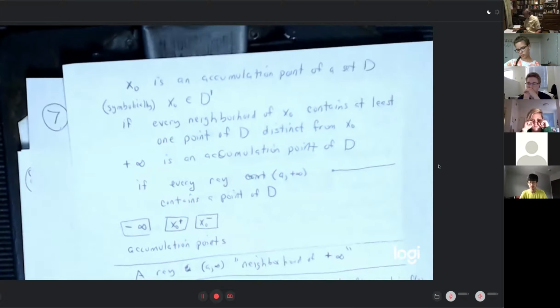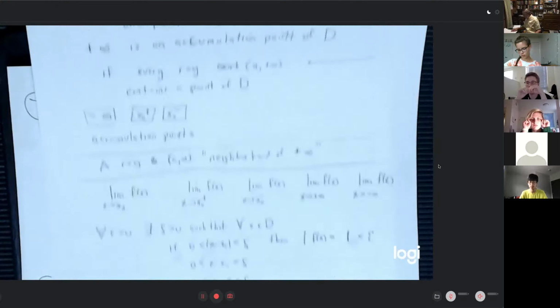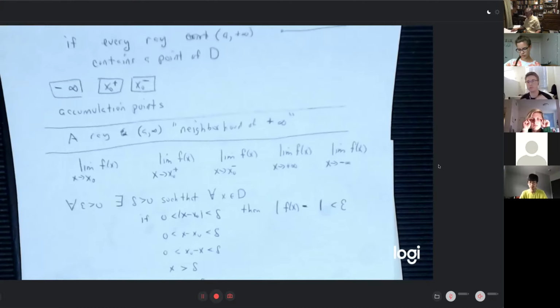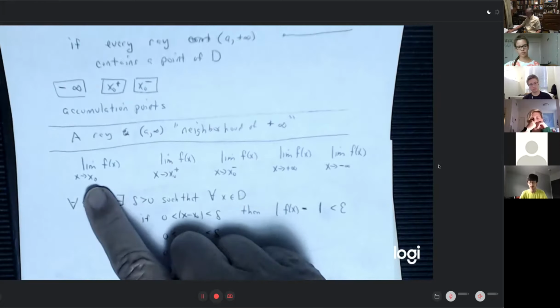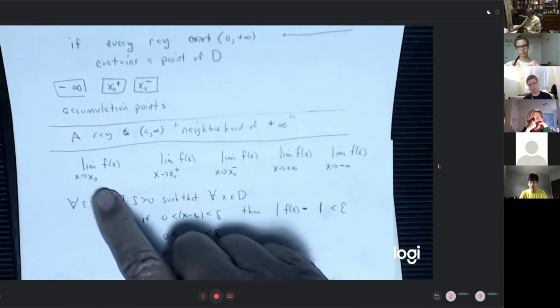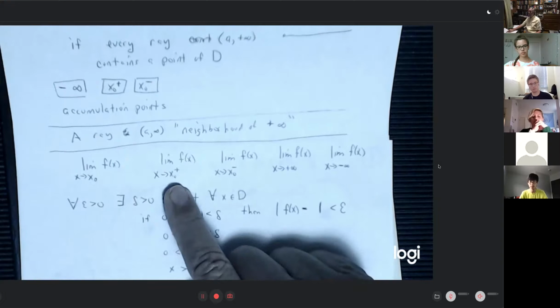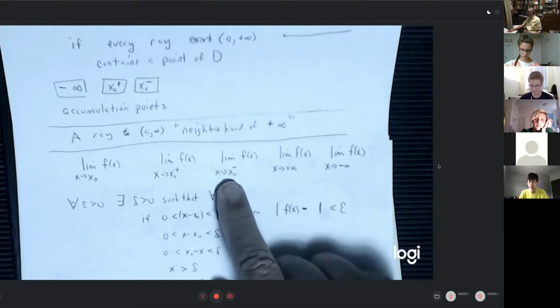So I'm going to try to show you here what we're going to have beneath our symbolism. This says x goes to x naught. This says x goes to x naught from the right, meaning all the x's are bigger than x naught. This says you go from the left. That means all the x's are less than x naught.